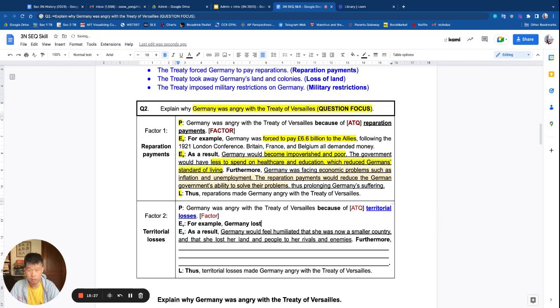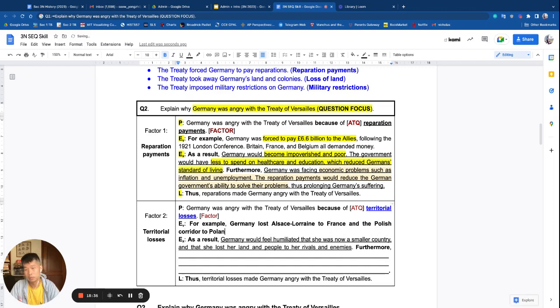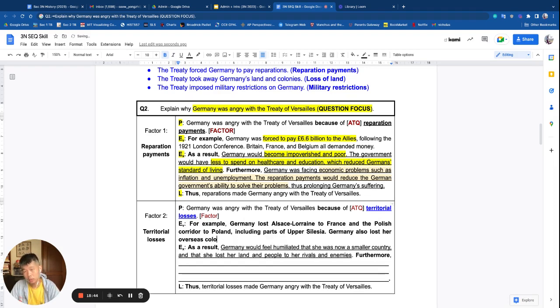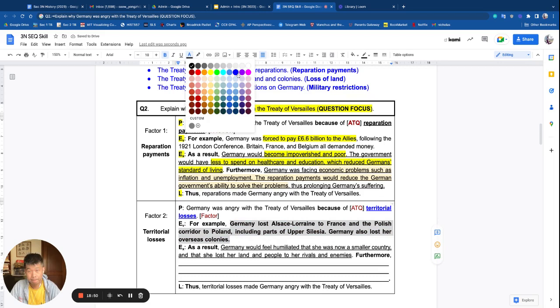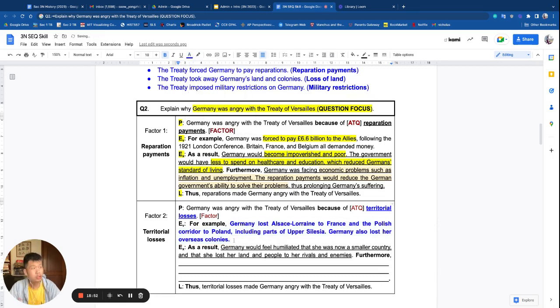Germany lost Alsace, Lorraine to France, and the Polish corridor, Poland, including parts of Upper Silesia. Germany also lost her overseas colonies as well. All in all, Germany lost about, I think it was 10% of her land.